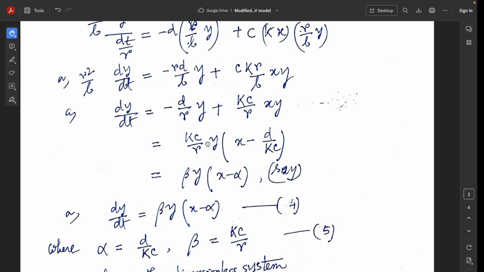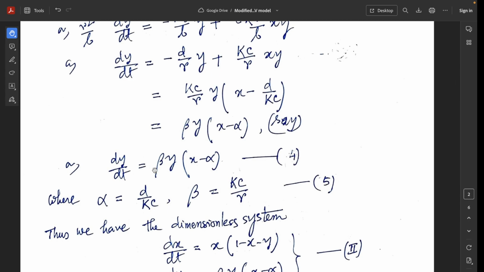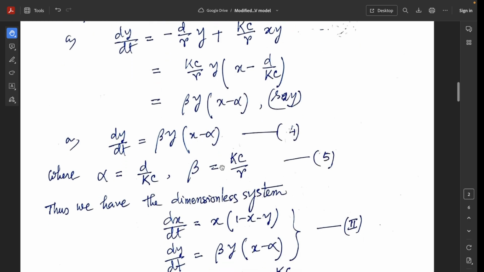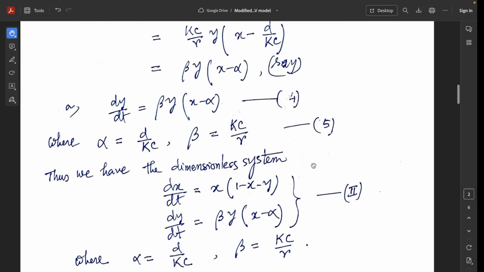Say Kc by r equals beta and d by Kc equals alpha. So we get new equation 4, dy/dt equal to beta y (x minus alpha), where alpha equals d by Kc and beta equals Kc by r.